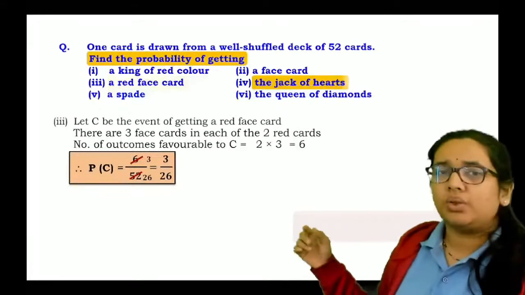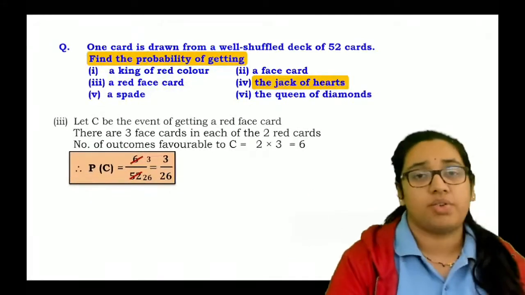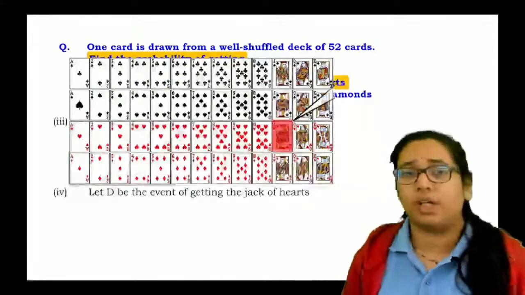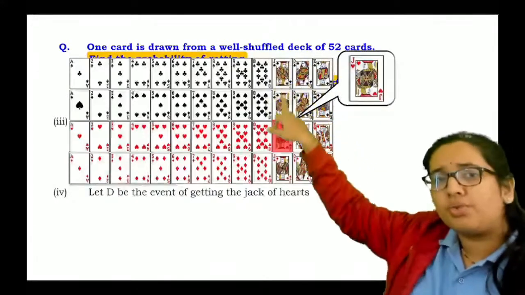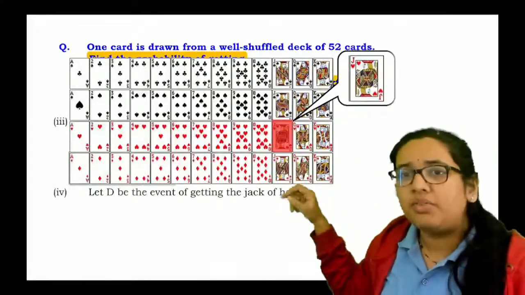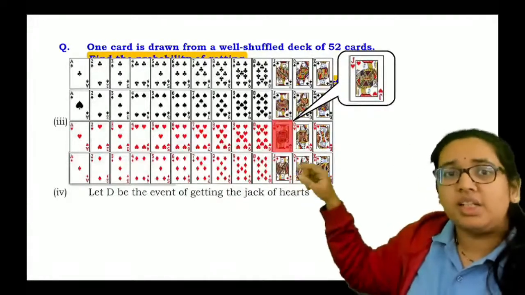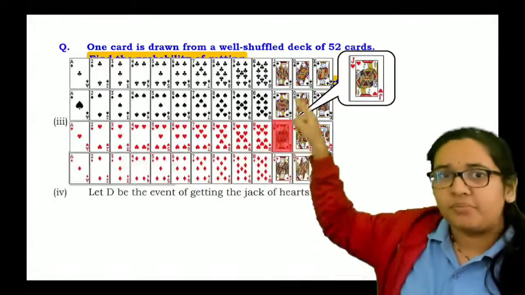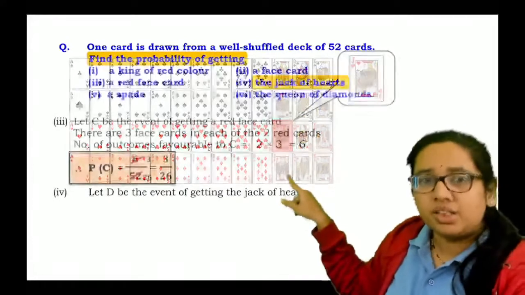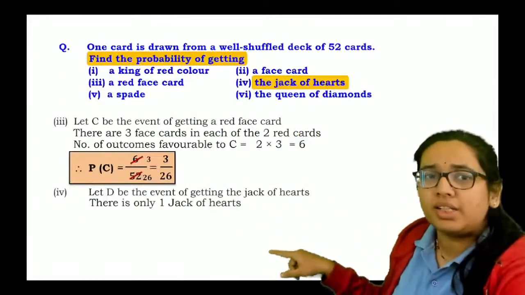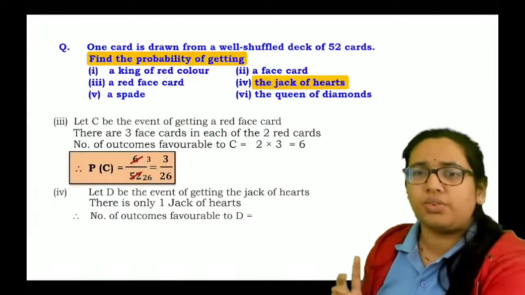Okay. Now the next one. The Jack of Hearts. There will be a total of 4 Jack cards, but we are considering only one, right? So we are considering getting the Jack of Hearts. There is only one Jack of Hearts.